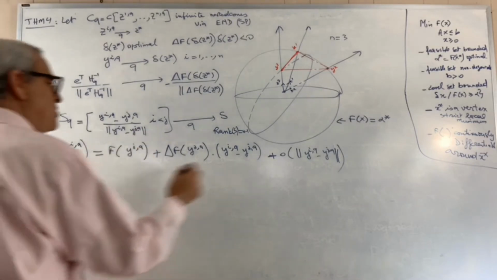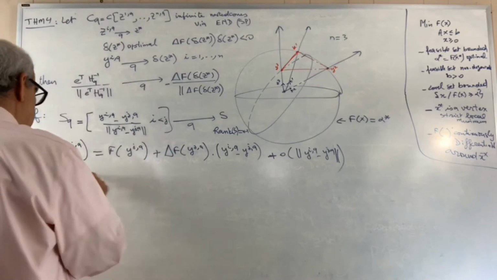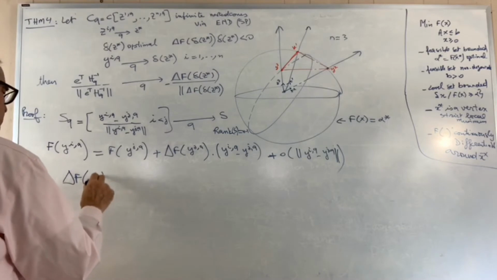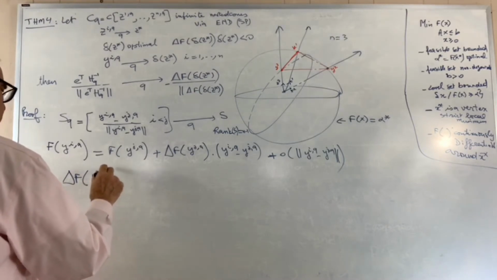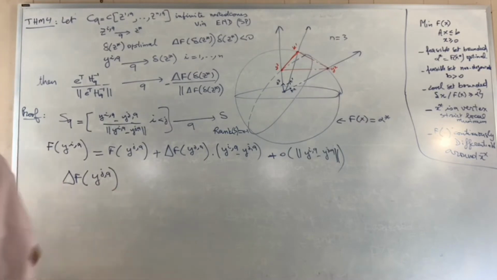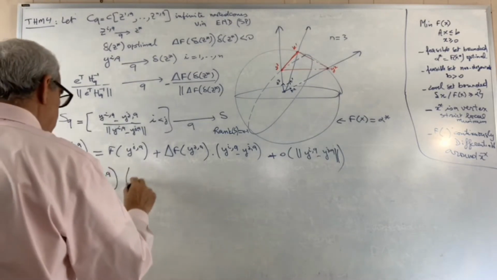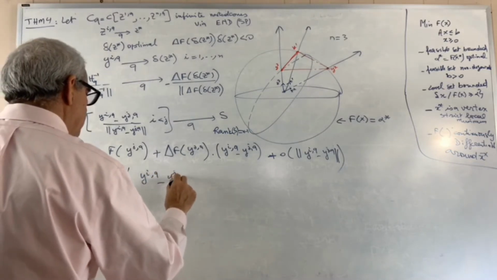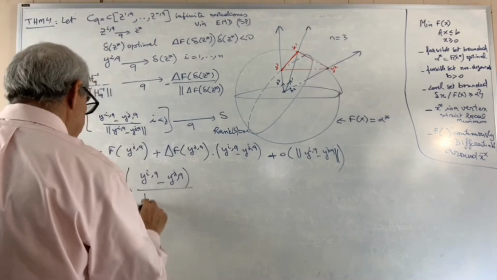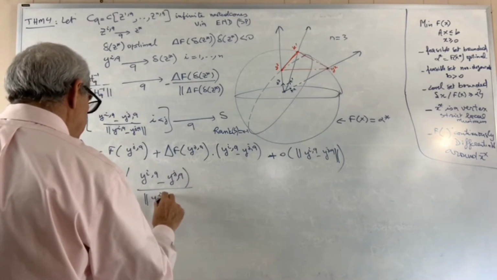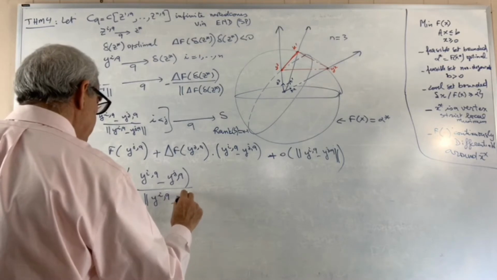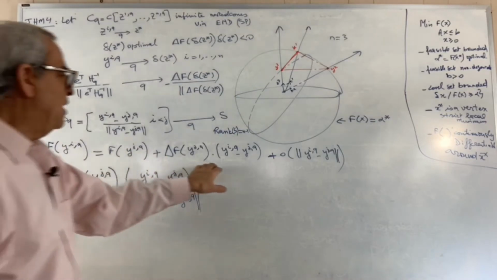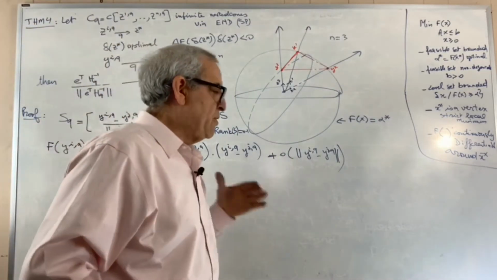So that cancels out, and then if we divide by the norm, I get the gradient of f at y_jq times y_iq minus y_jq, normalized by dividing by the norm. So these are equal, it cancels out, and then I divide both sides by the norm, and this one divided by the norm converges to 0.